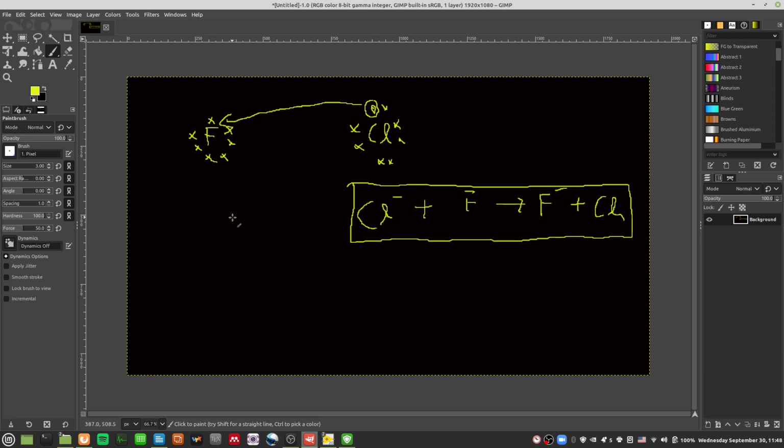So what are the proper names for the effects I just described? The proper name of how attracted this electron is to the fluorine atom is called electronegativity.